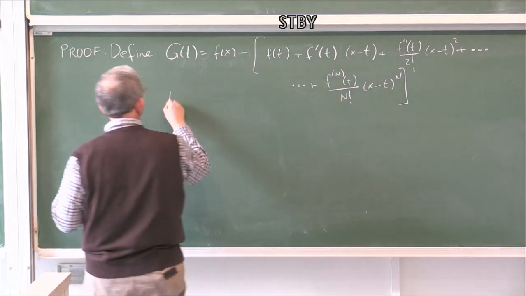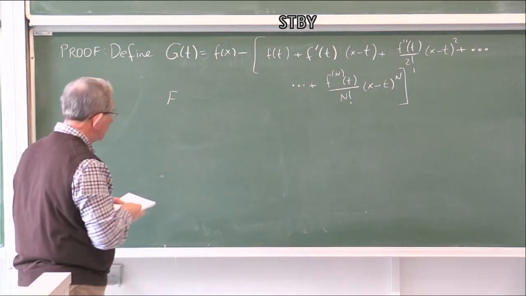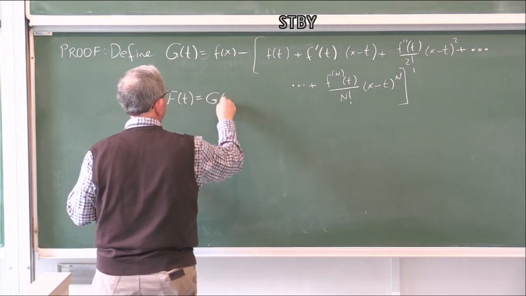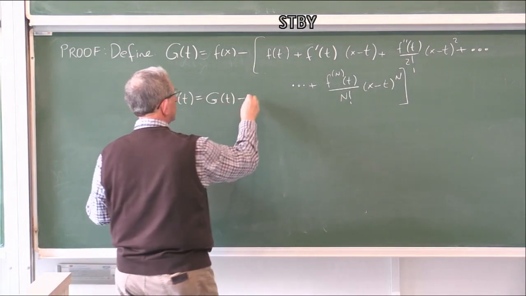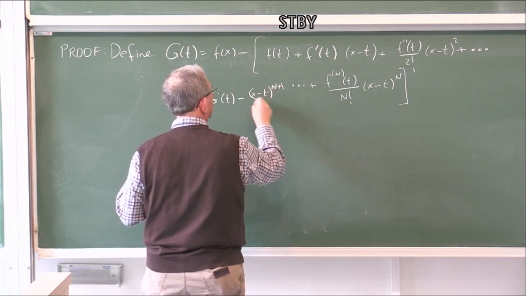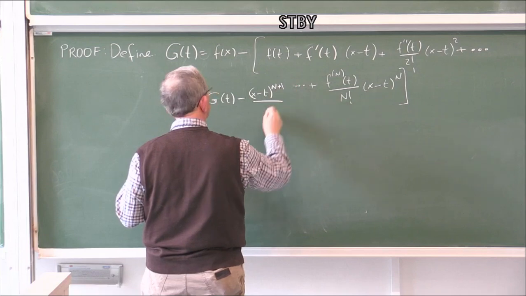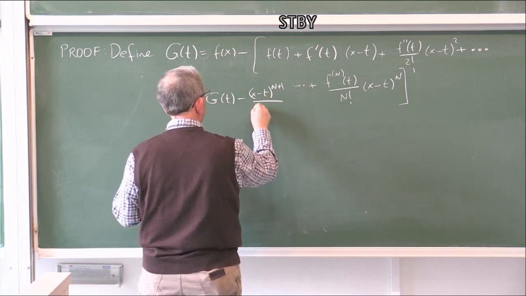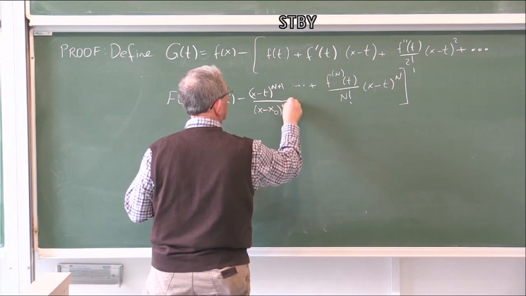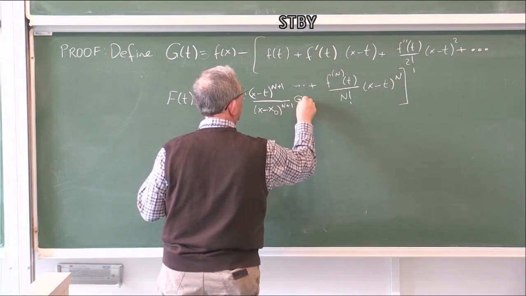And the second function is a smoothing function, if you want. This is g of t minus (x minus t) to the n plus 1 divided by (x minus x0) to the n plus 1, times g of x0.